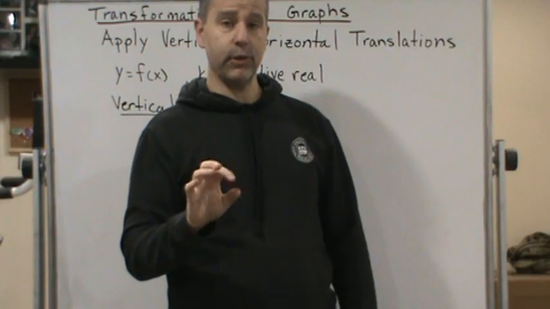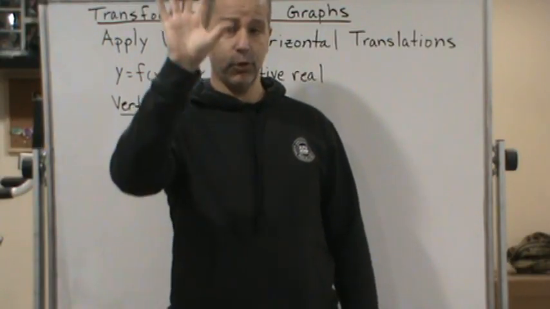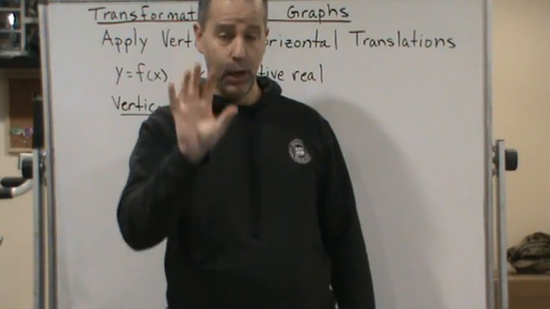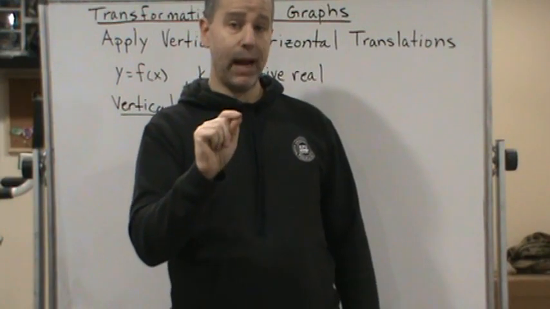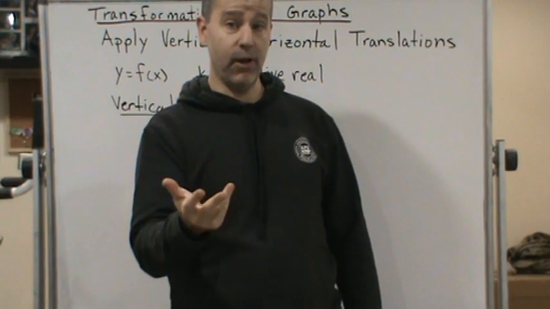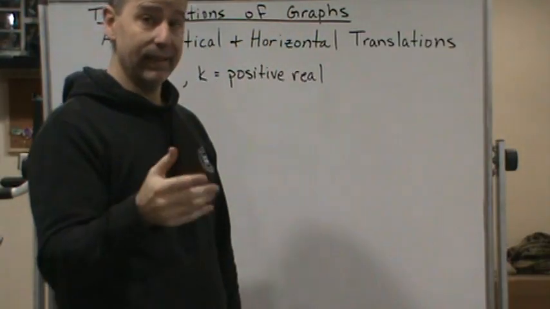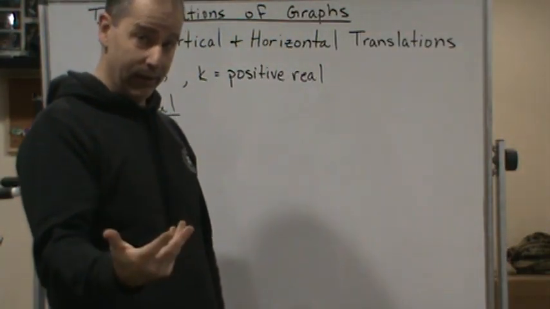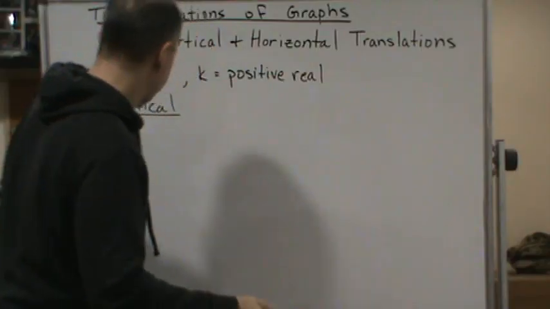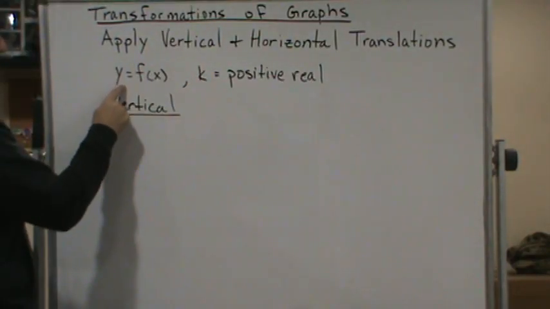Also think about it this way: whenever we're doing a vertical shift, up or down, we're adding or subtracting outside the function, because remember, f of x is the y value. So f of x equals y.